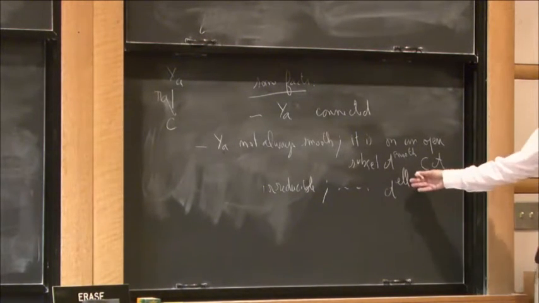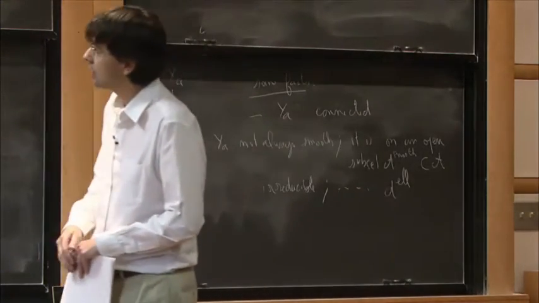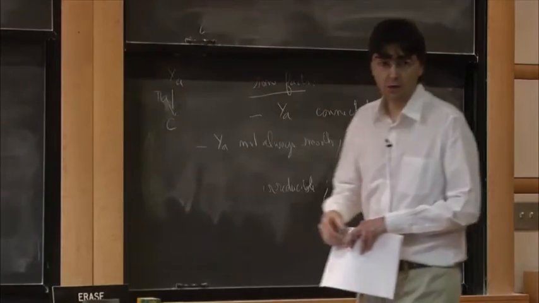This is the open set of elliptic characteristic polynomials, that is, characteristic polynomials which are irreducible at the generic point of the curve.